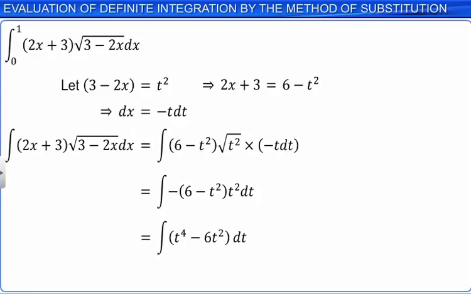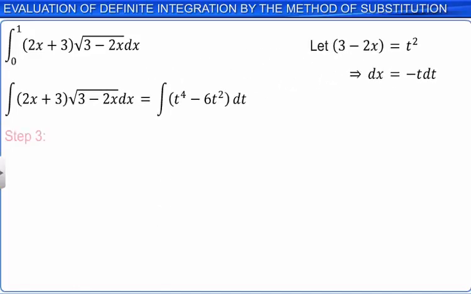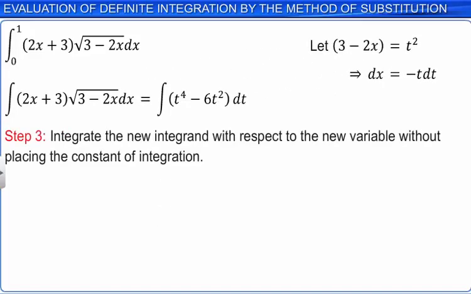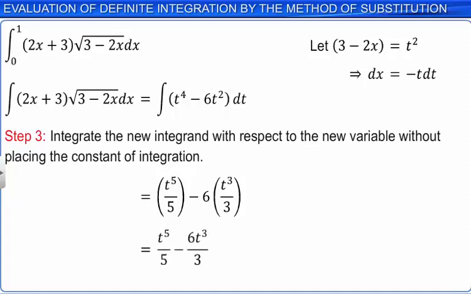Observe that here the new integrand is in terms of t. The next step is to integrate the new integrand with respect to the new variable without placing the constant of integration. So, on integrating this new integrand with respect to the new variable without mentioning the constant of integration, we get t raised to the power 5 divided by 5 minus 2t cube.